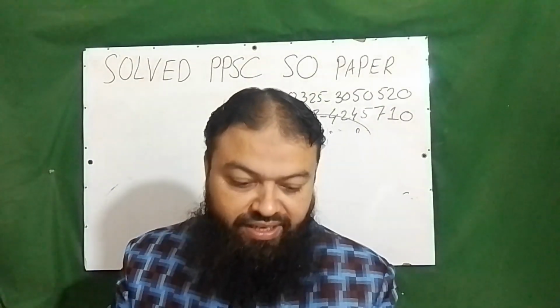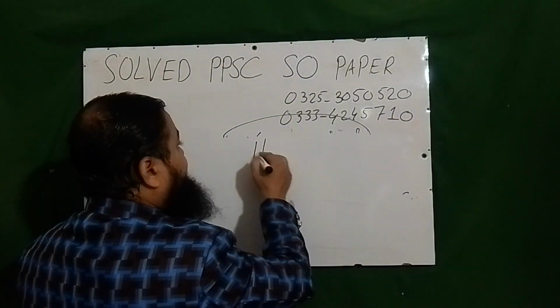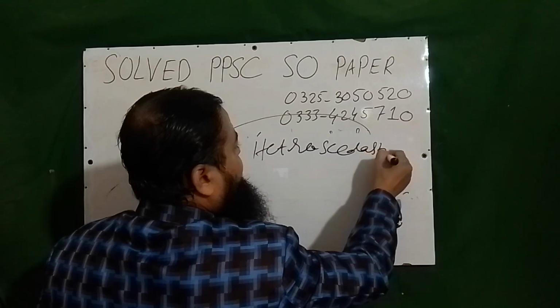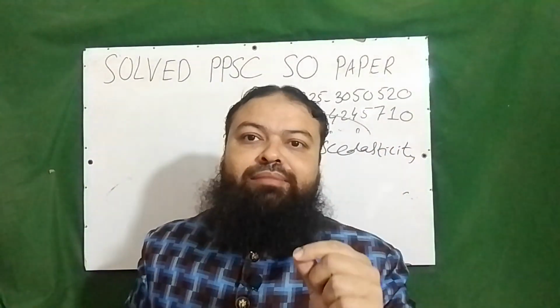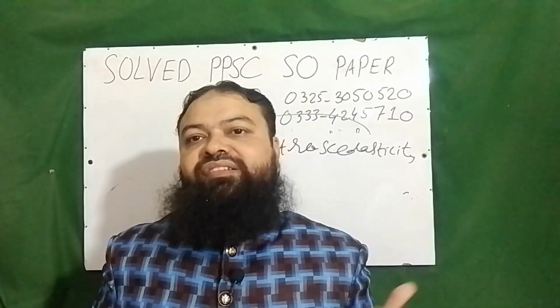Next question, number 11. Heteroscedasticity means, and I have discussed it in the class, when the variances of the error term are not constant, then we have heteroscedasticity.